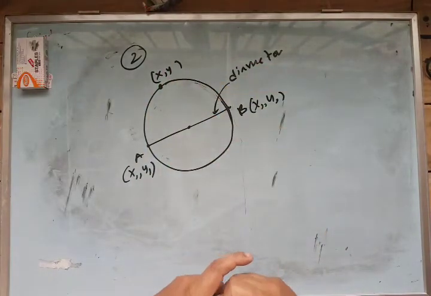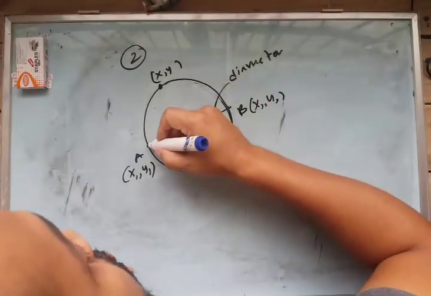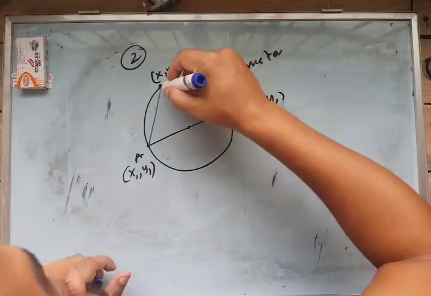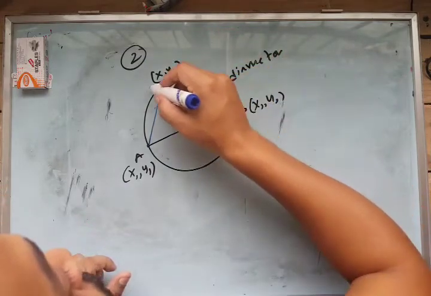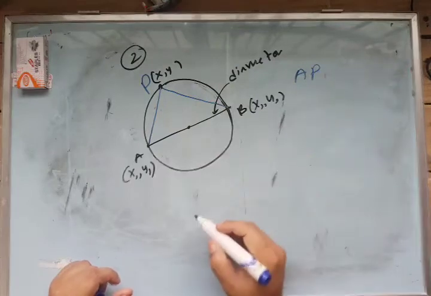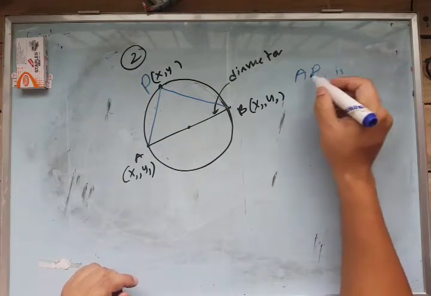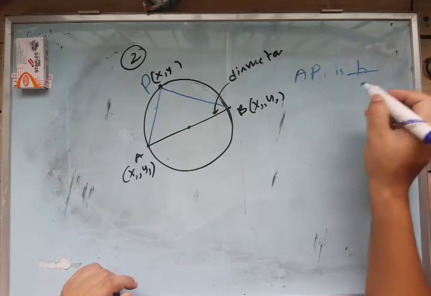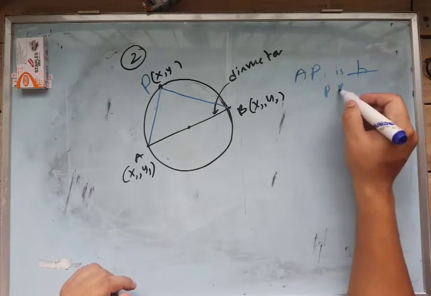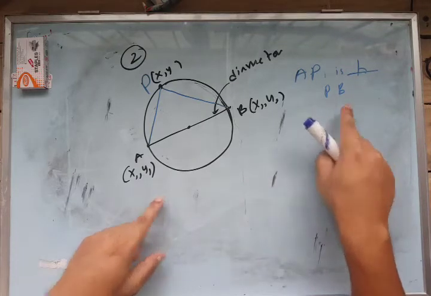So I'm going to implement the fact that, for a point P on the circle, the line AP is perpendicular to the line PB. This is the property we are going to implement here.